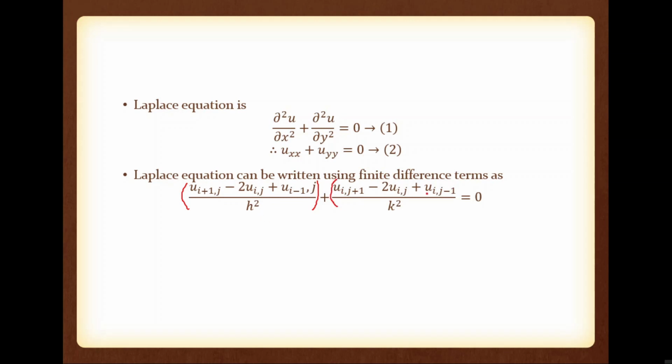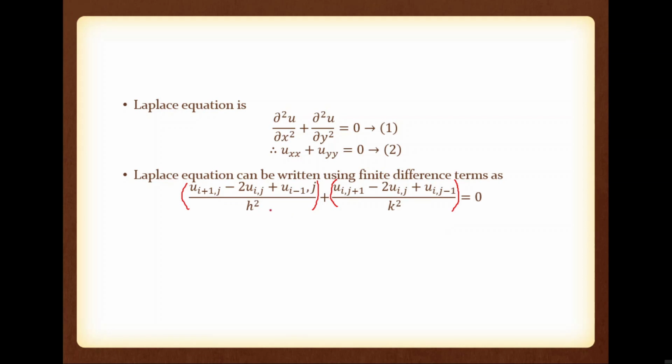Now this is u_yy, that is u(i, j plus 1) minus 2 u(i, j) plus u(i, j minus 1) divided by k square, equal to 0. So please note, what is h actually? h is the period of x and k is the period of y. So if you are carefully taking the values of h and k, if you are taking h equal to k, then we have an advantage.